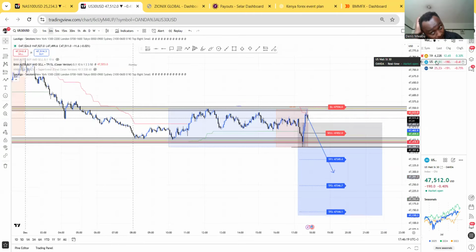That US30 will go up. I'm going to break even all of them because of the news that is coming up. We're going, we are going. Oh, nice.